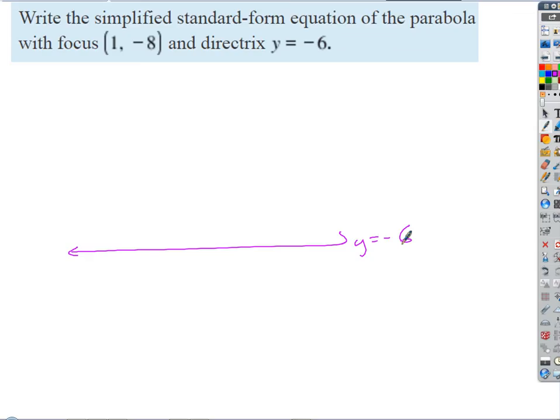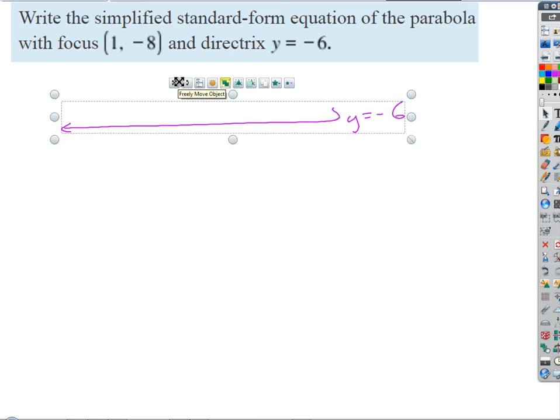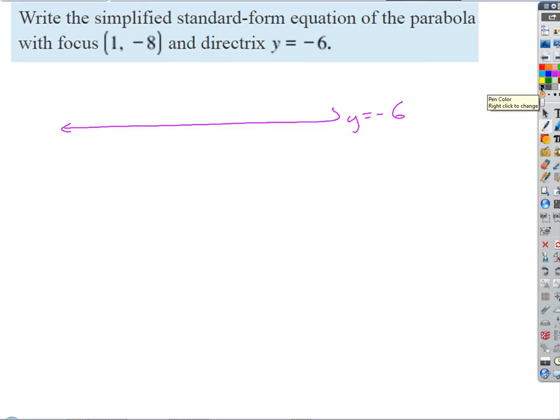So let me move this up a little bit. We can see that the focus has a y value that is less than -6, so it's going to be located below the directrix, so down here. So there's my focus with coordinates (1, -8), and the vertex is halfway in between.